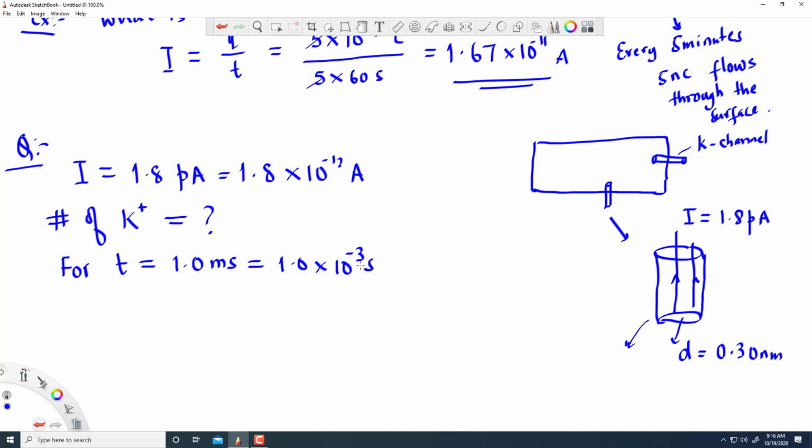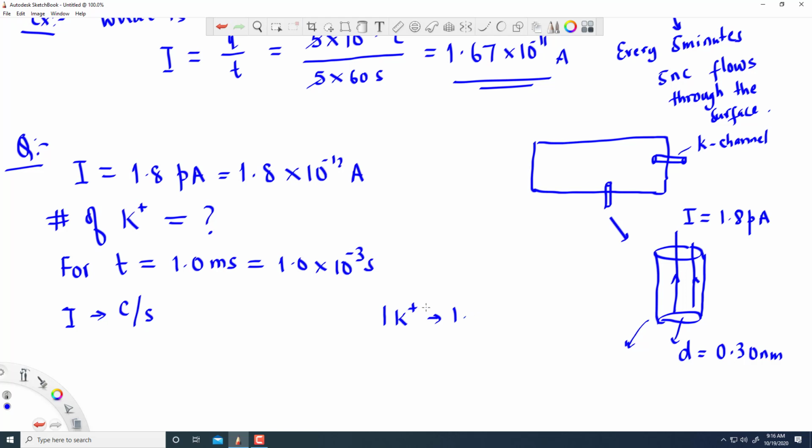So how do we find that? So this is basically an arithmetic problem. We don't even need to use any formula here. So we have I, and just look at the unit. I is coulombs per second. Okay, and each potassium, so one potassium has charge of 1.